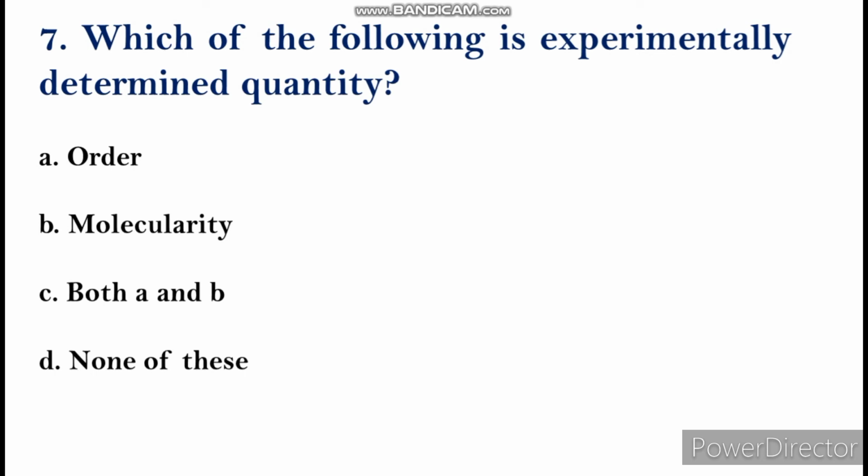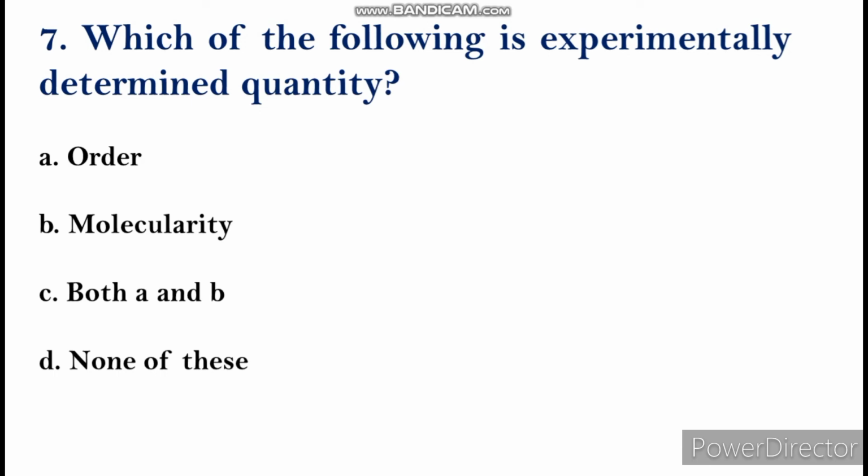Right, it can be obtained from the balanced chemical equation. But order cannot be determined by looking at the reaction. Order depends on the rate determining step. That is why order is an experimentally determined quantity. We cannot just tell by looking at the reaction.